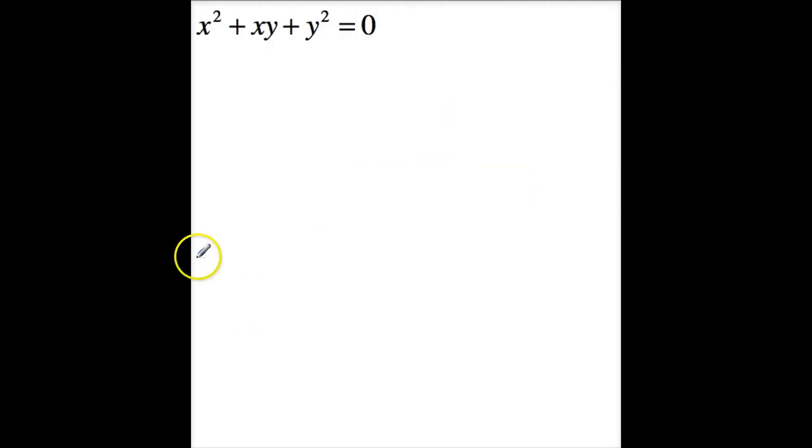All right, so let's look at this one right here. x squared plus xy plus y squared equals 0. Now, this is an implicit function, and we'll use these quite a bit. So with respect to the x-axis, I'm going to plug in, for every y, negative y.